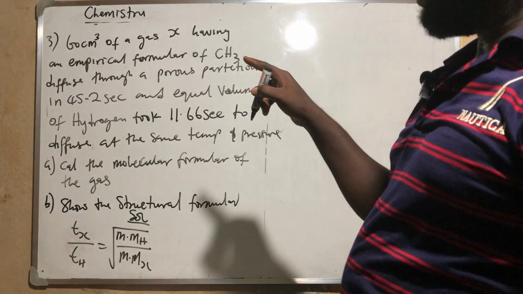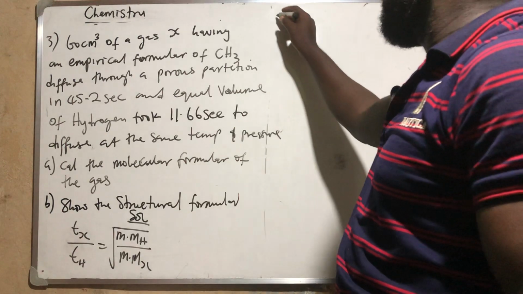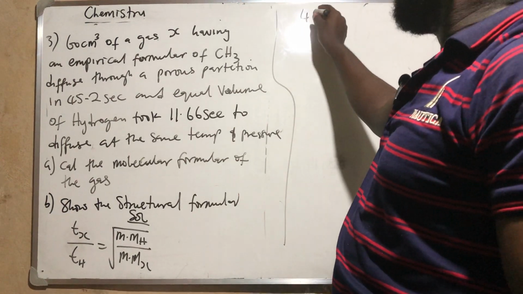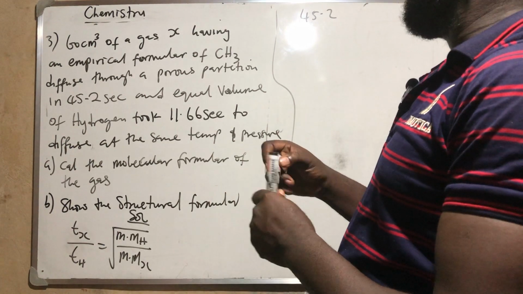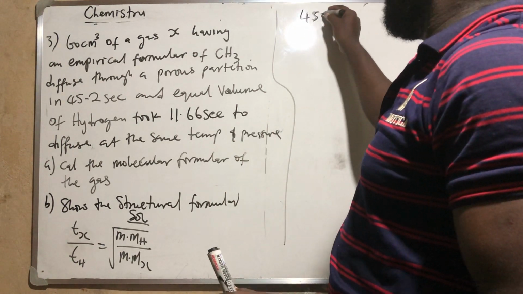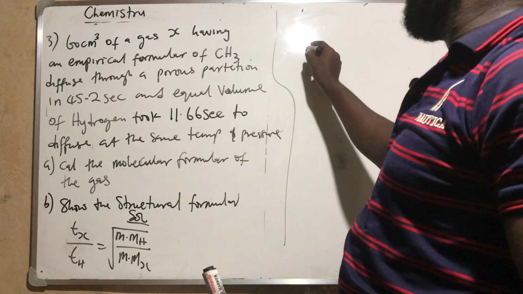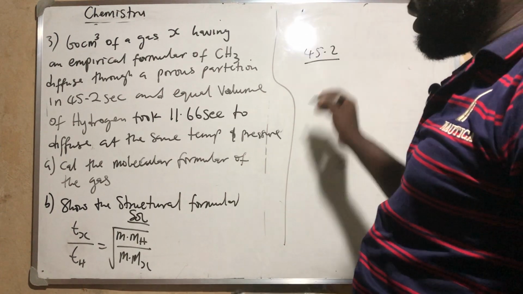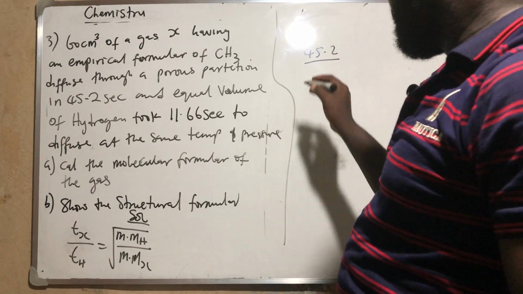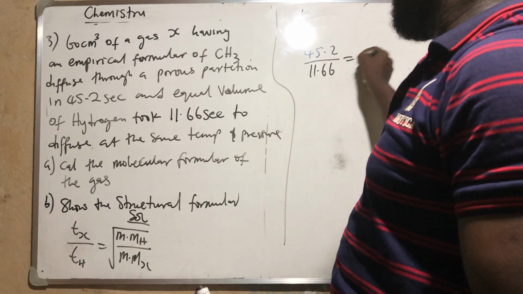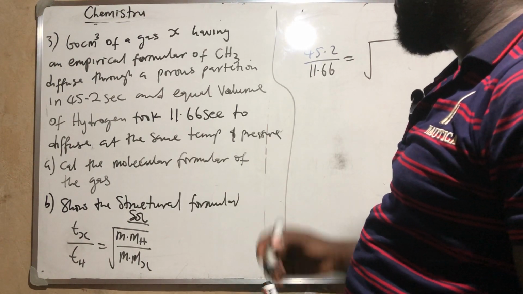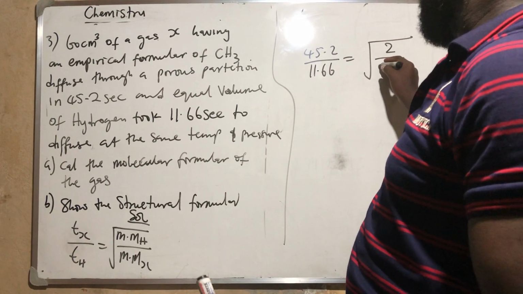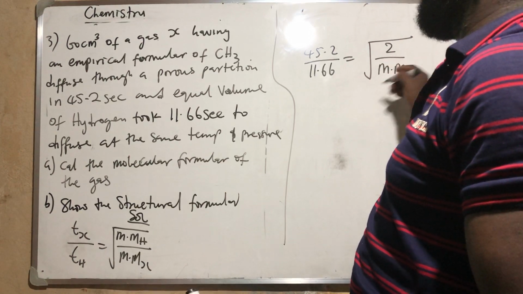The time of the gas X is 45.2. So 45.2 divided by the other one, 11.66, is equal to the square root of the relative molecular mass of hydrogen, 2, divided by the relative molecular mass of the gas X, which I don't know.